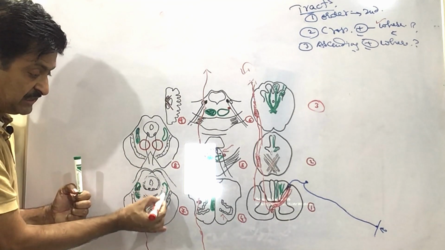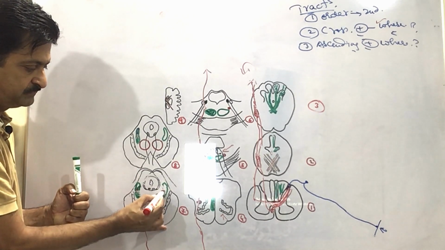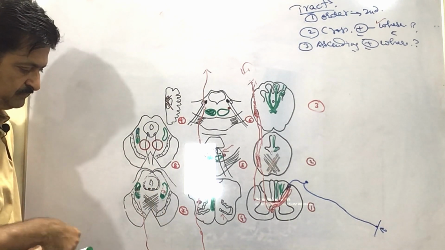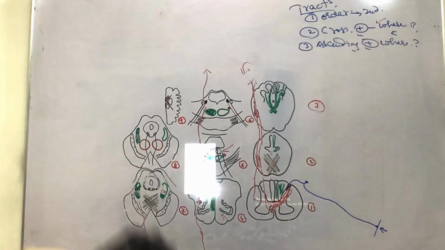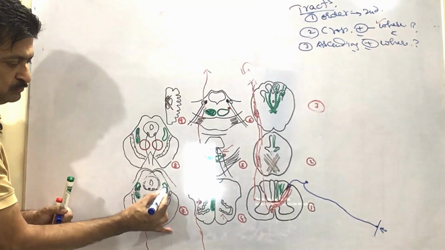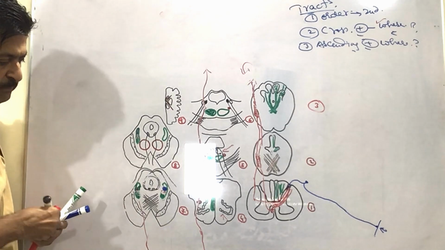The next 1/4 I am making in red. The next 1/4 I am making blue, and the last 1/4 I am making black.